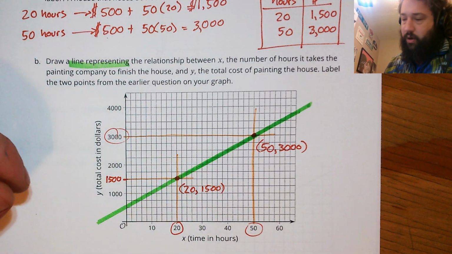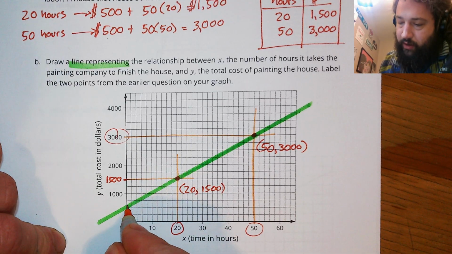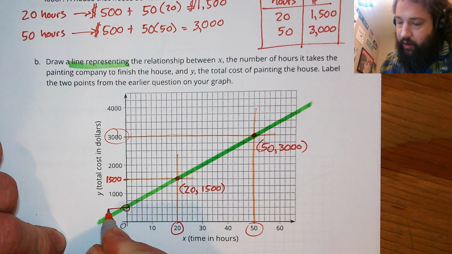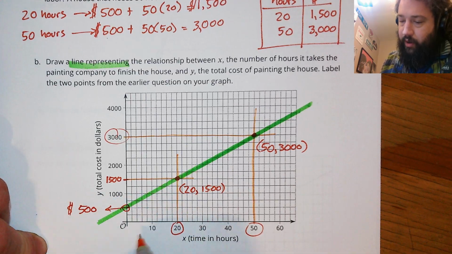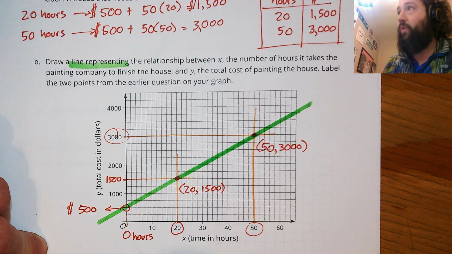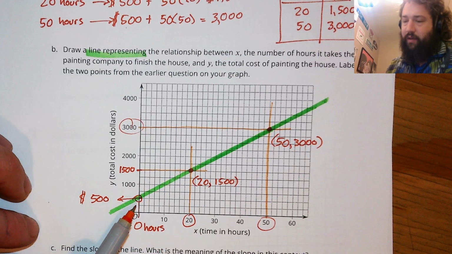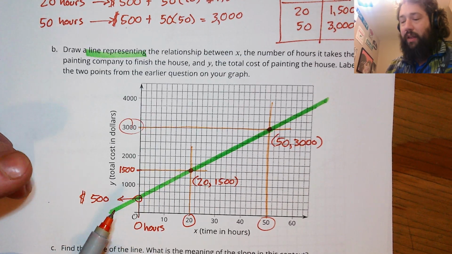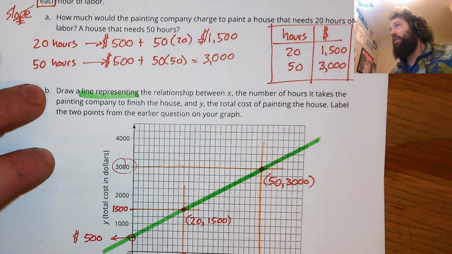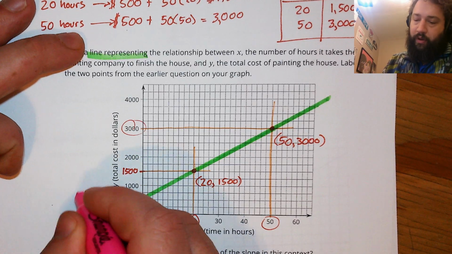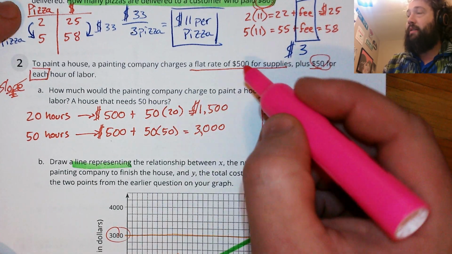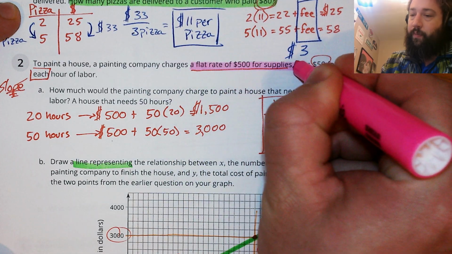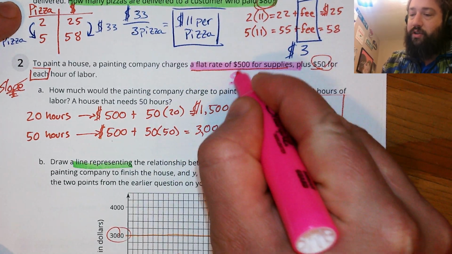I want us to take a moment to look at where it touches here. This number is 500. So for 0 hours of work, I still have to pay $500. And that makes sense. That is in my story. This point is in my story up here as a flat rate. I like to call this the start.